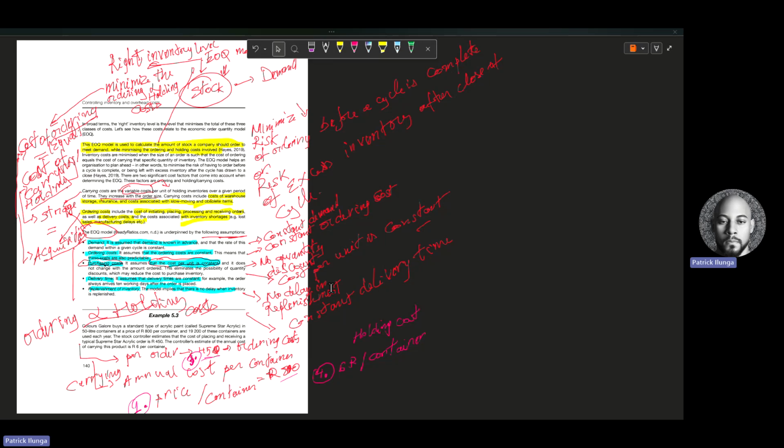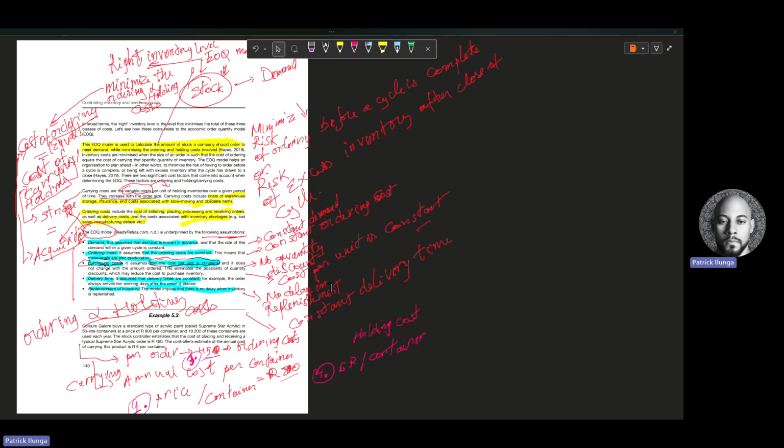A model is not reality. It's not perfect, but it has some assumptions. And I can see in your exam you being asked a question like this, for example, to say what is involved in the EOQ model? They would say maybe the demand should be constant, right?